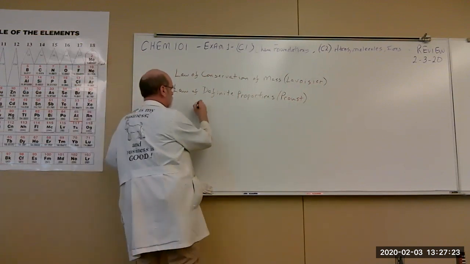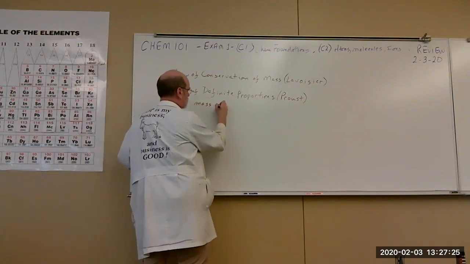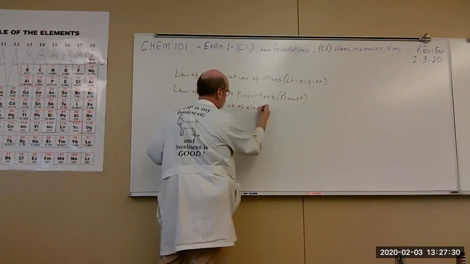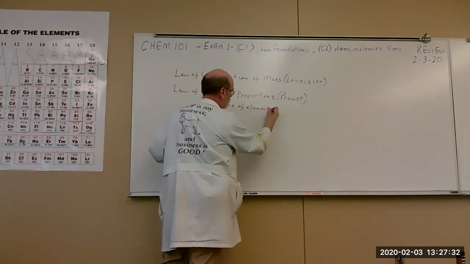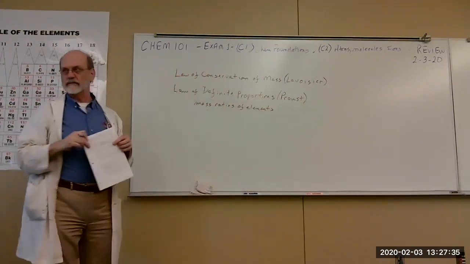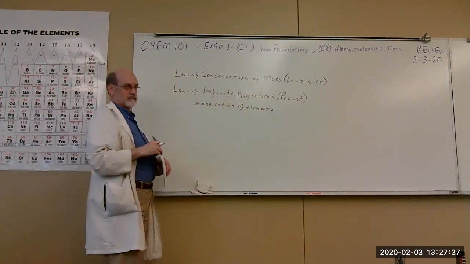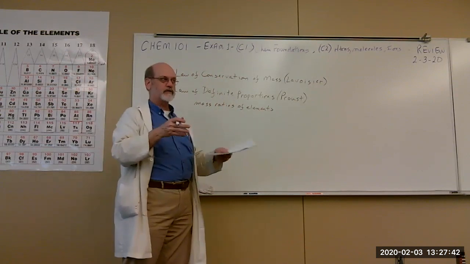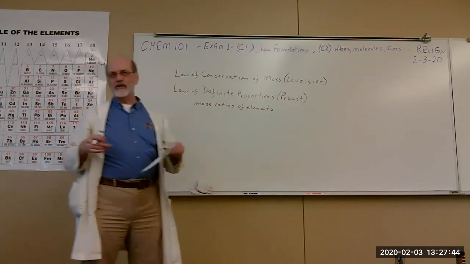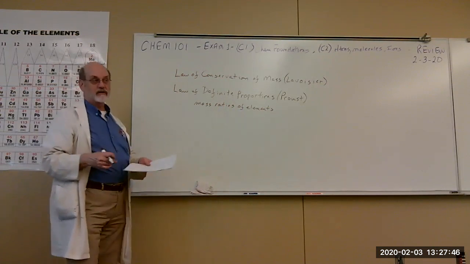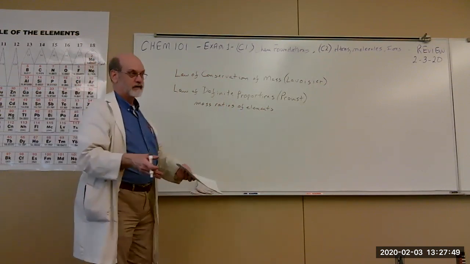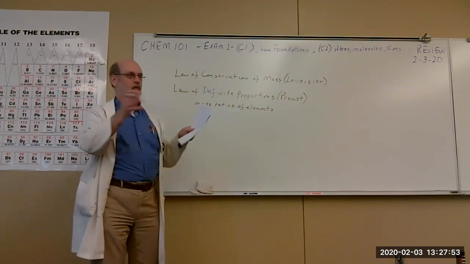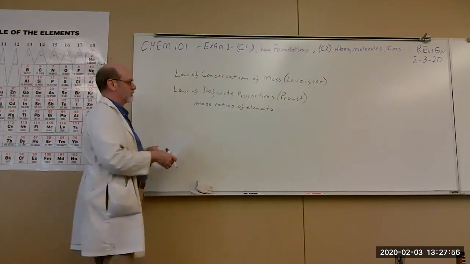The mass ratios of the elements in that compound are always the same. Doesn't matter the source. Like you purify water, right? You get that compound, hydrogen, oxygen, certain mass ratio. Or you react hydrogen and oxygen in a rocket engine, and it produces water. It's got the same mass ratios of the elements, either one. The source doesn't matter.